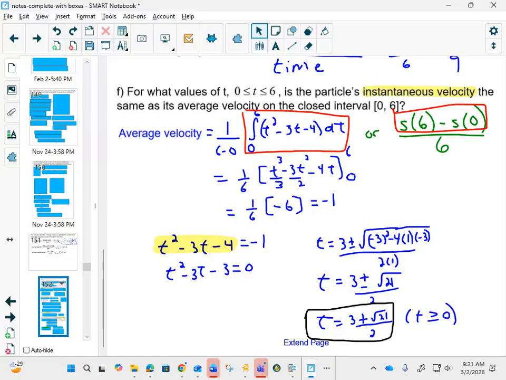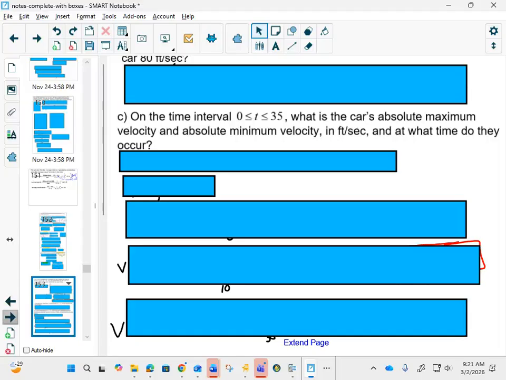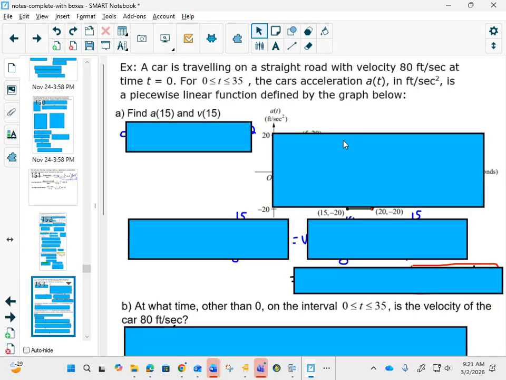All right, we'll do one more question today. A car is traveling on a straight road with a velocity of 80 feet per second at time equals 0.